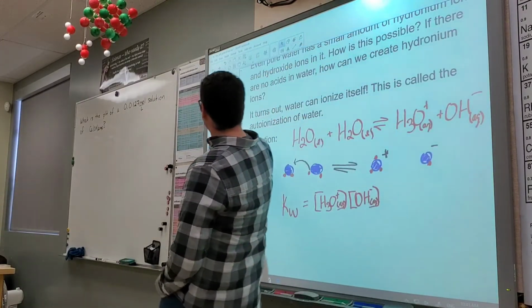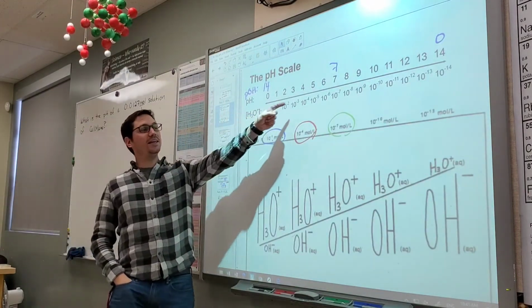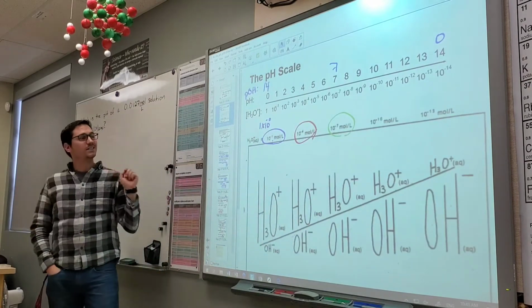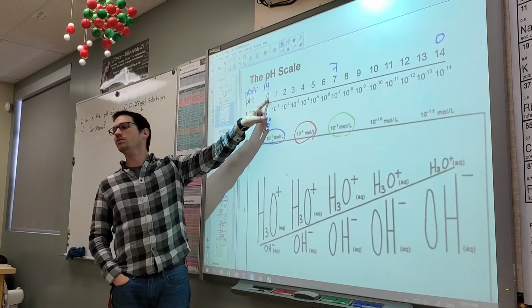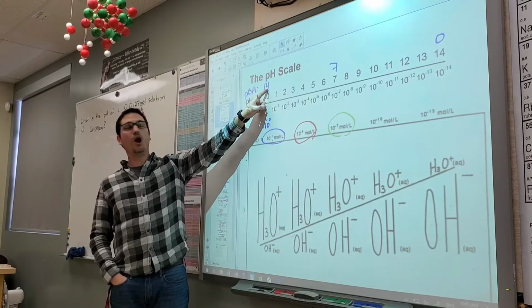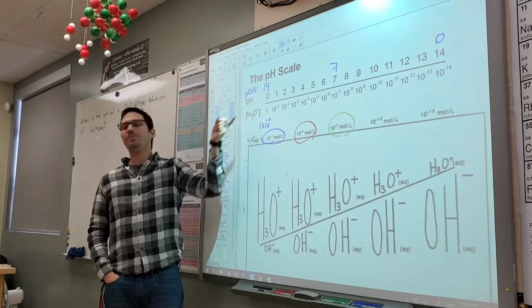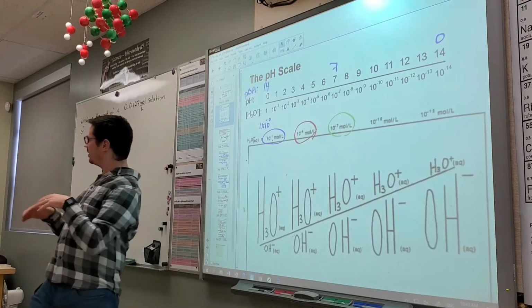Okay, no problem. So let's take a look at this. We've got a pH spectrum up on top. Does it make sense that if the pH is 0, then the pOH will be 14? Do you remember that from Chem 20? Yeah, okay. pH is a measure of how acidic something is. What's pOH?